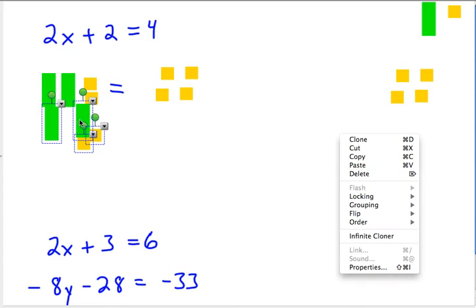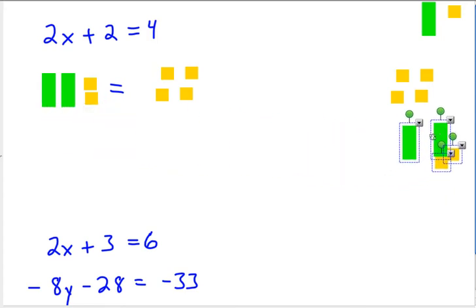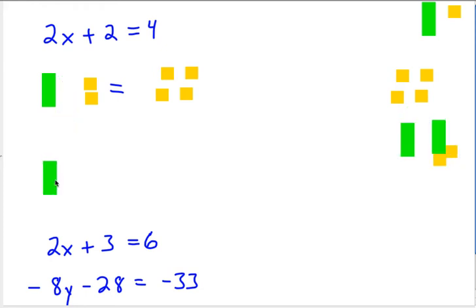Okay. Same thing with the division. If I divide both sides, I have to divide everything on this side by something. So in this case, it would be 2. So if I divide this side by 2, I'm basically cutting it in half. So I'm left with 1 green and 1 yellow, and over here I'm left with 2 yellows.